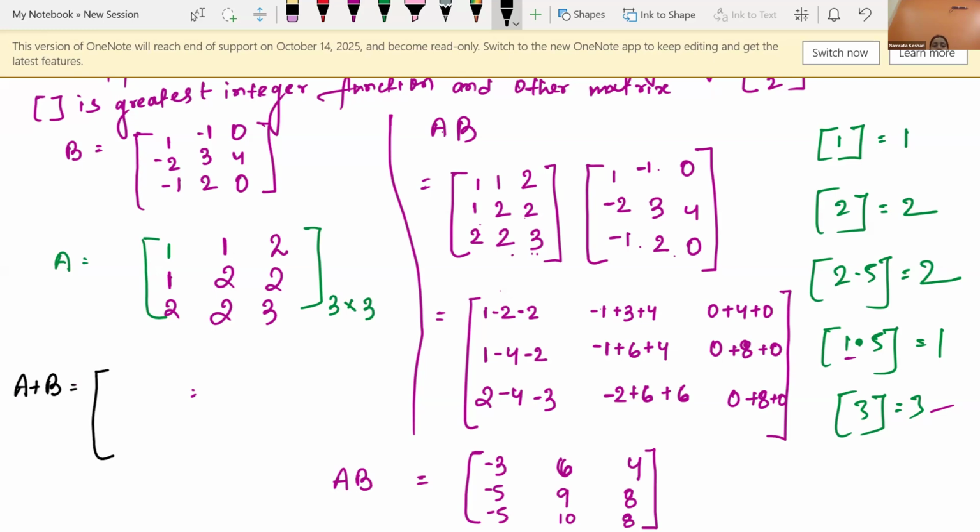So directly I'm writing 1 plus 1 will be 2, 1 minus 1 will be 0, 2 plus 0 will be 2, 1 minus 2 will be negative 1, 2 plus 3 will be 5, and 2 plus 4 will be 6. 2 minus 1 will be 1, 2 plus 2 will be 4, and 3 plus 0 will be 3. This is the result for A plus B, right?